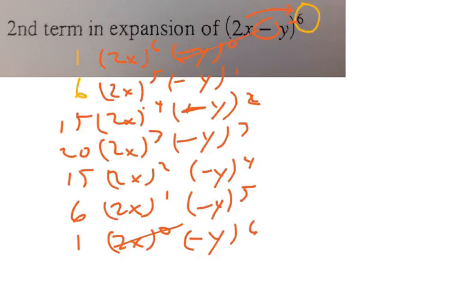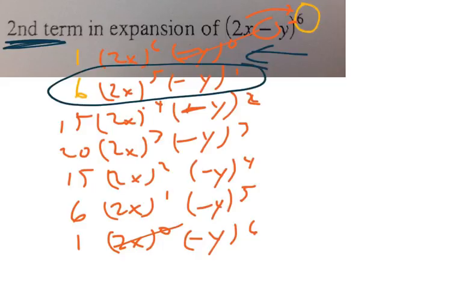Now, let's get to our answer. They want the second term, so we're going to go 1, 2. That's what they want. Now, let's watch our signs here. Follow the green here. Notice the negative y is to the 1 power, so we know we're going to have a negative in there, right? With a 6 it is negative 6. 2 to the 5 is 32.